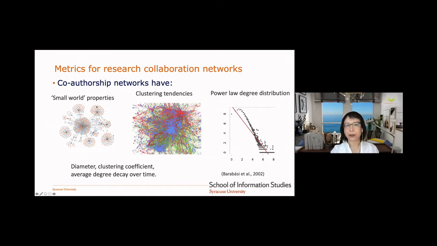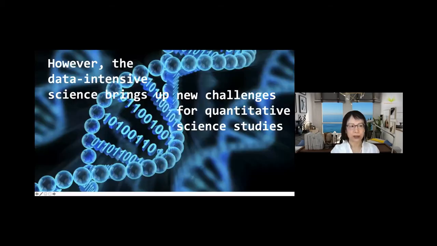Previous studies have discovered small world properties of the collaboration network, and also clustering tendencies and power law degree distribution. These are all well-known characteristics of collaboration networks. However, data-intensive science brings up new challenges for quantitative science studies.